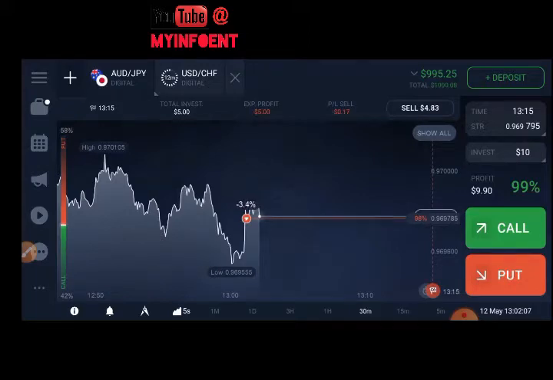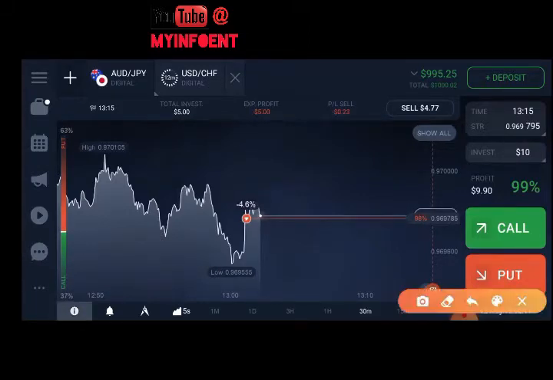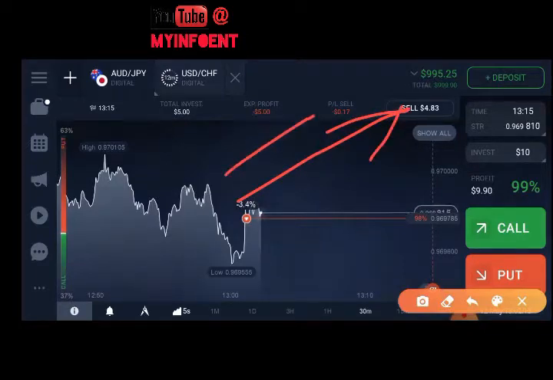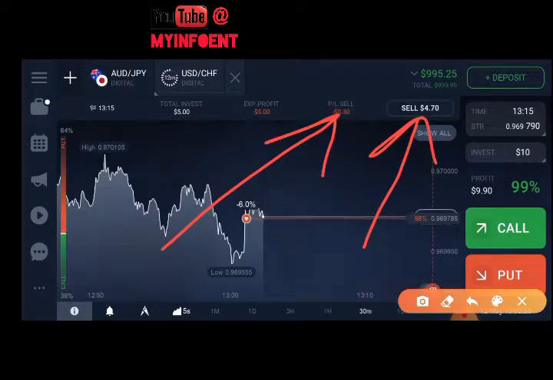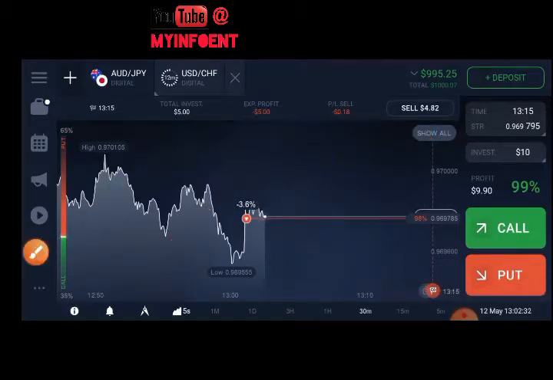Once it starts coming down, you start seeing profit here. Once you start seeing profit there, you can sell. So once I get 20% profit of $5, which is $1, I'll just sell it off and wait for another trade opportunity. So let me just wait patiently.